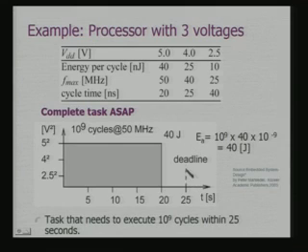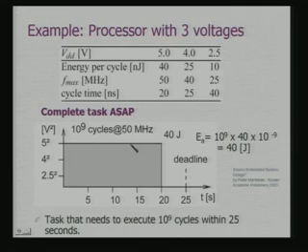Now, if this is the deadline of the task, what does that mean? The processor should operate in a way such that the task is finished before you cross the deadline. Now, this is one policy, or the philosophy could be to complete the task as soon as possible. So, if I am using that policy of completing the task as soon as possible, I shall be operating at highest voltage and highest frequency.